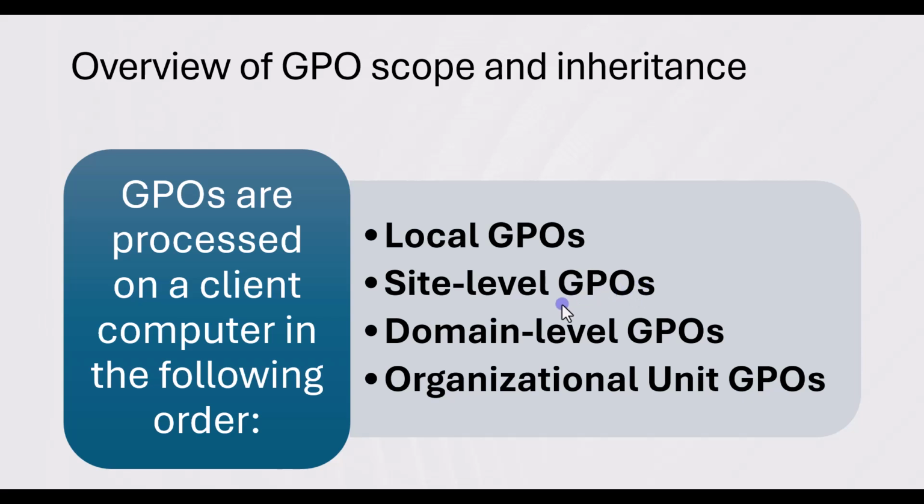The site will win. In the same way, if site is saying no to a thing and the domain level GPO is saying yes to the same thing, then the domain level will win over site and over local. In the same way, if the organizational unit level GPO is saying yes to something and the domain level is saying no to the same thing, then the organizational unit GPO will win.